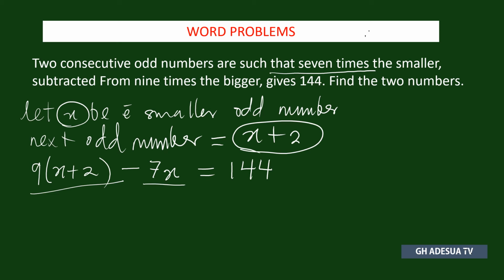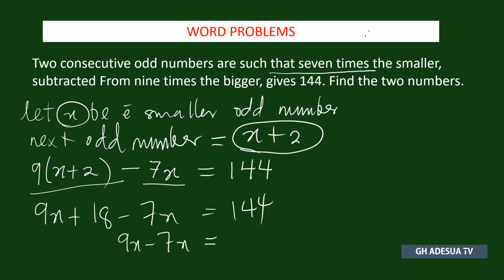Alright, so at this point you expand. You have 9x plus 9 times 2 is 18, minus 7x is equal to 144. Now grouping like terms, you have 9x minus 7x is equal to 144 minus 18. 9x minus 7x is 2x, is equal to 144 minus 18.